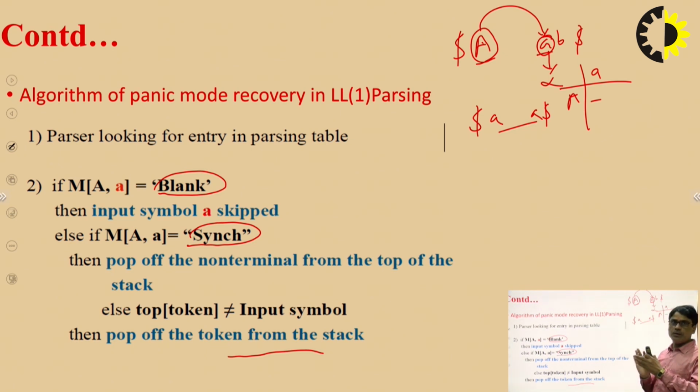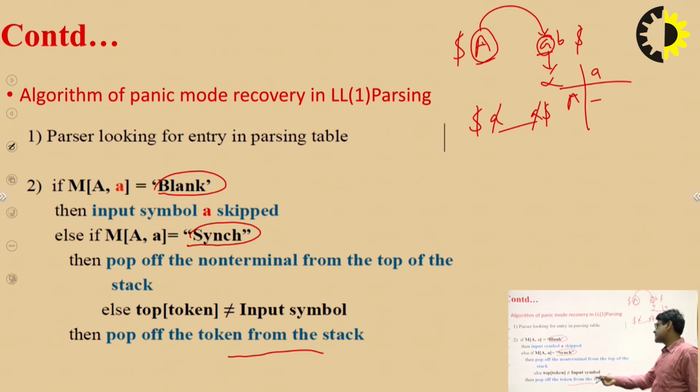If both are equal, then we eliminate both from the input and the stack, and definitely we are getting some result. Through that we can exhaust all the input using this non-terminal, and we are getting the dollar and then the last blank entry. That is the indication of completing this top-down process.